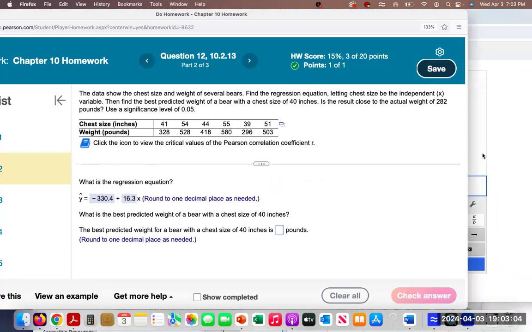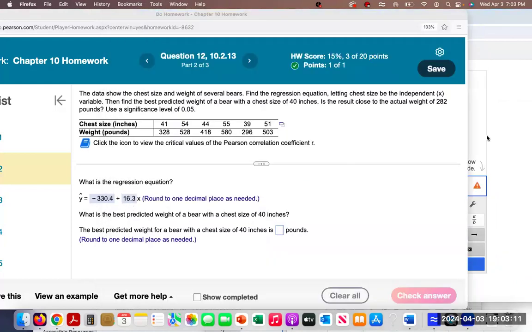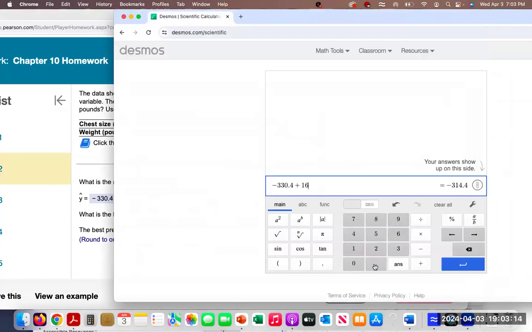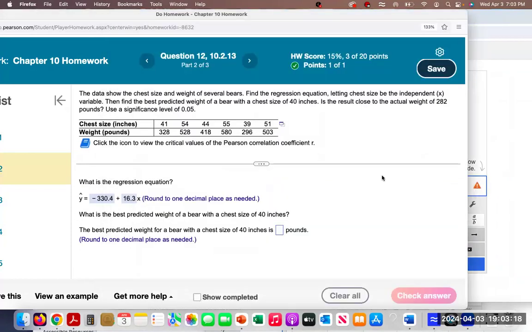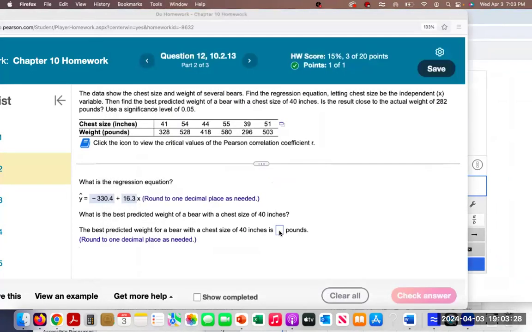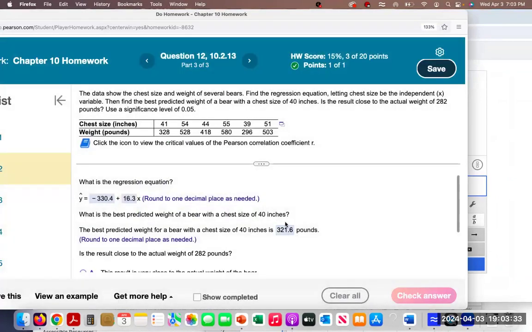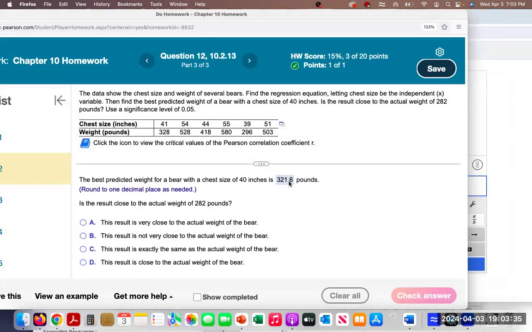I have negative 330.4 plus slope 16.3 times, I'm going to substitute 40 for X. So I'm getting 321.6. Which is not very close to the actual weight of 282.